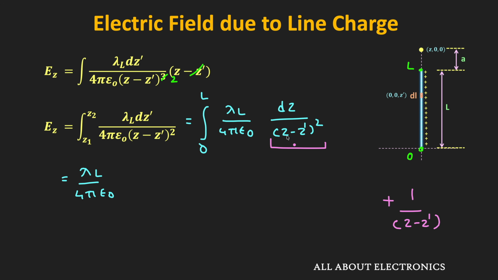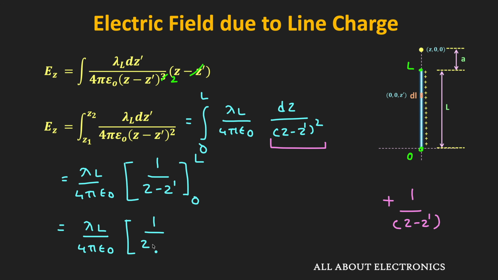So we can say that the integration of this term is equal to 1 divided by (z minus z dash), and here the limits will be from 0 to L. So here if we put the limits, then we will have lambda L divided by 4 pi times epsilon naught times [1 divided by (z minus L) minus 1 divided by z]. So basically in this expression we have put the value of z dash.